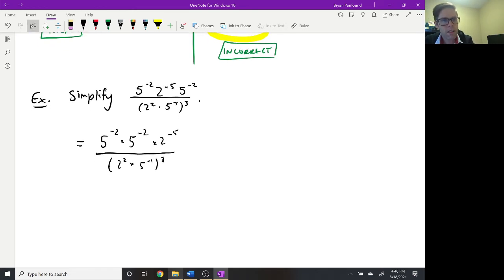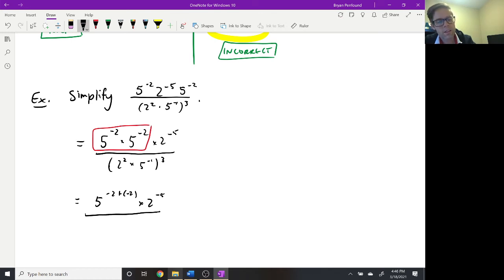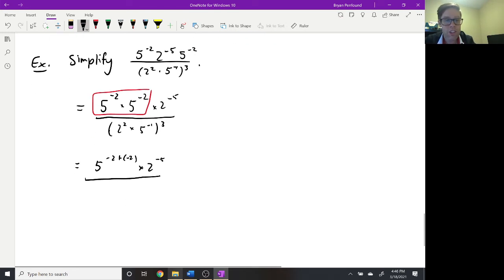And so my focus is going to be on getting these 5s together, right? So I can definitely combine these 5s. This is going to be 5 to the negative 2 plus negative 2. Because I'm multiplying like bases, I'm going to add those integers together. Be careful, this is an addition of integers.